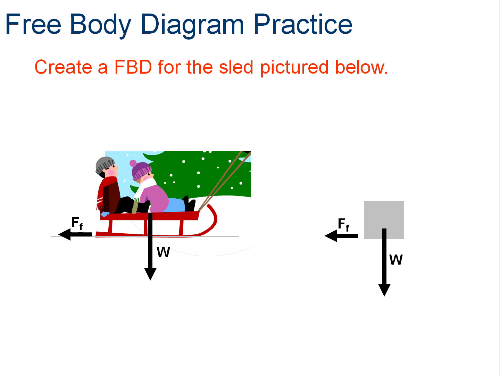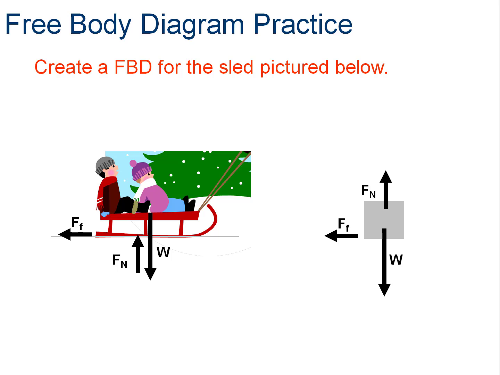Now I know there's some friction in this system. So when I pull the sled, there is some resistance from the snow. So I'm going to put that in as friction, and that acts to decelerate the sled. That's what would make the sled stop if I pushed it and then let go. The normal force is the force that's stopping the sled from sinking in the snow.